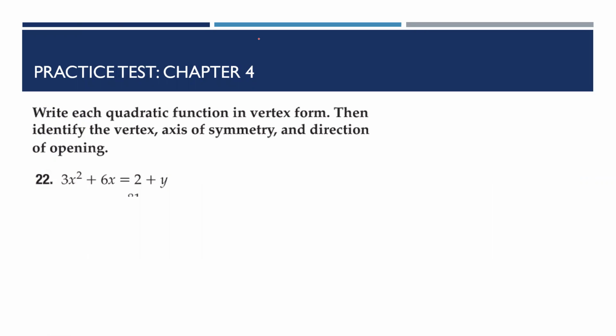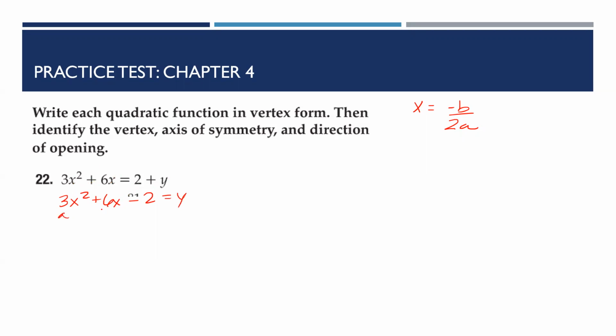So the first thing we want to do is identify the vertex and the axis of symmetry. Remember that's x equals negative b over 2a. So for this one, we could rewrite this. We would subtract 2 from both sides, so we end up with 3x squared plus 6x minus 2 equals y.